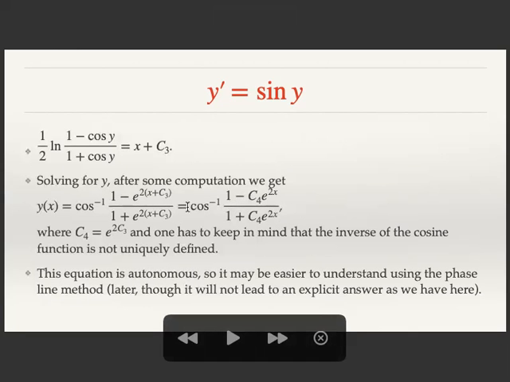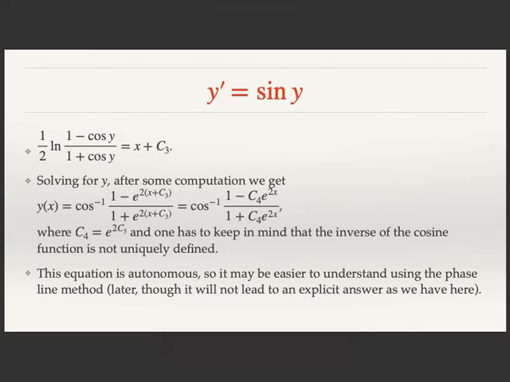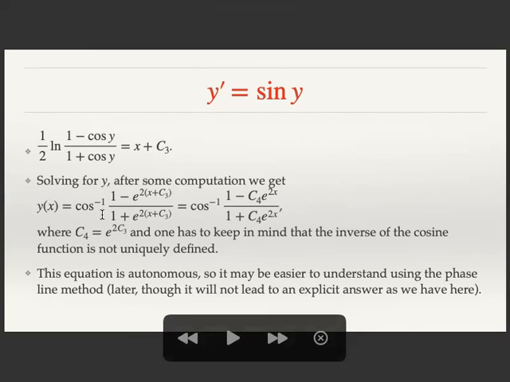And so here I just wanted to give you an example of a complicated answer. I told you that all the previous ones were relatively straightforward. So here is how a complicated one looks like. y is equal to arc cosine of 1 minus c4 e to the 2x over 1 plus c4 e to the 2x.